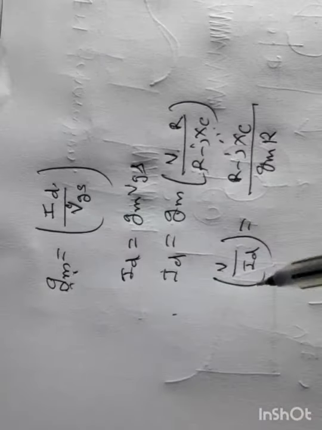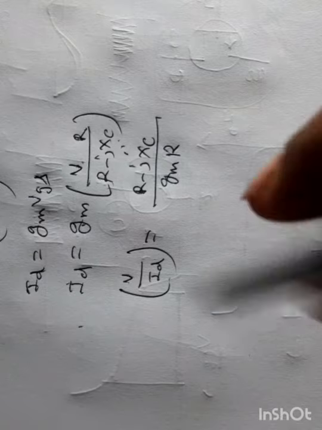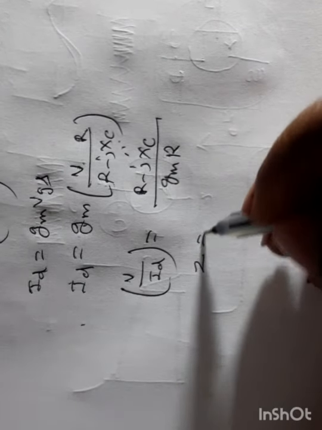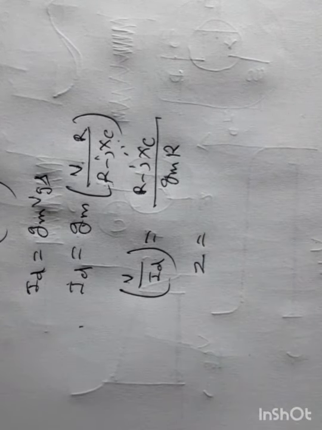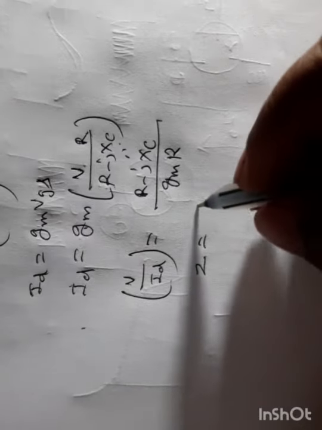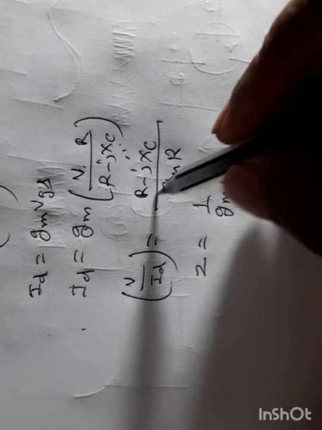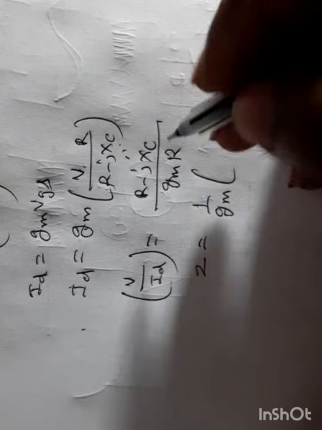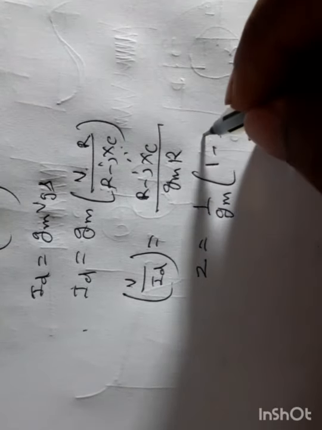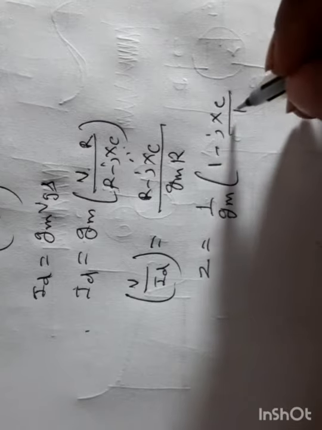Therefore, output voltage divided by output current is the output impedance Z looking through AB, which is equal to 1 by Gm into R minus jXc by R, that is, R by R is 1, minus jXc divided by R.